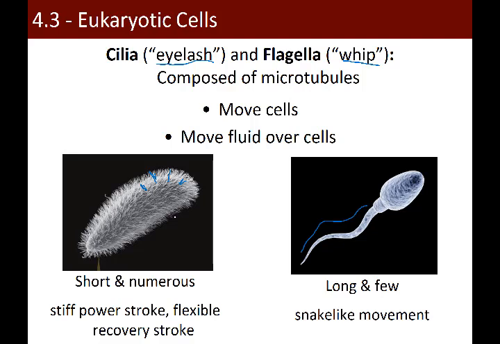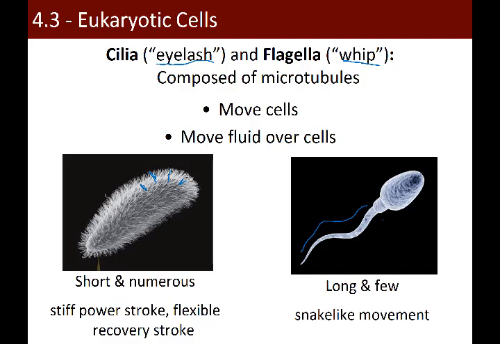And so beating those cilia helps to move those things away and to actually absorb them in the mucus of the cells up in the upper respiratory system before you get into the lungs. These guys move with a stiff power stroke and a flexible recovery stroke that looks kind of like what your arms do when you're doing the breaststroke if you're a swimmer. And so they have these many numerous little hairs doing the same repetitive motion.